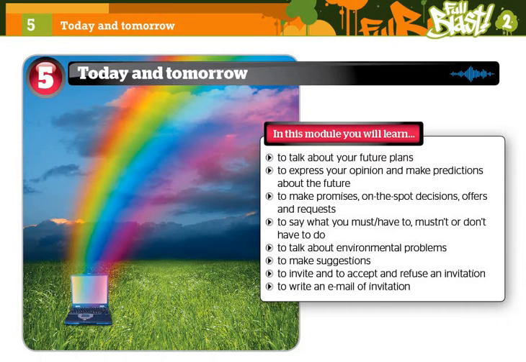To say what you must or have to, mustn't or don't have to do. To talk about environmental problems. To make suggestions. To invite and to accept and refuse an invitation. To write an email of invitation.